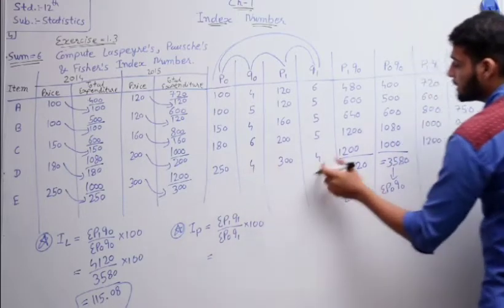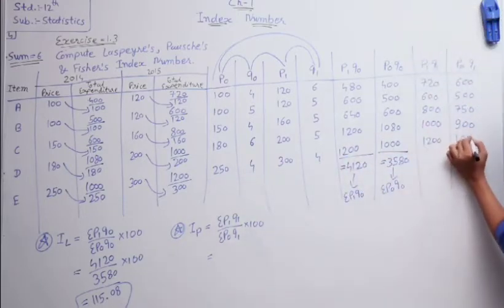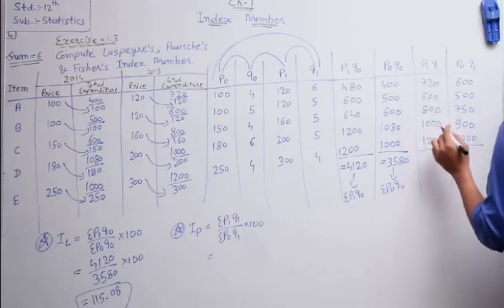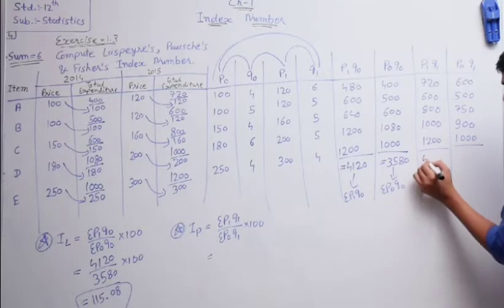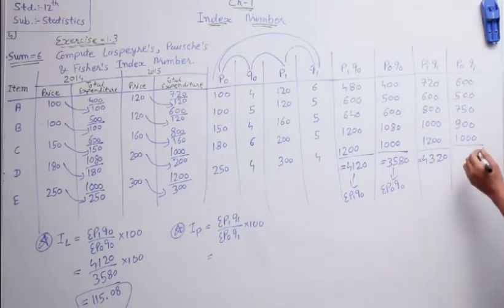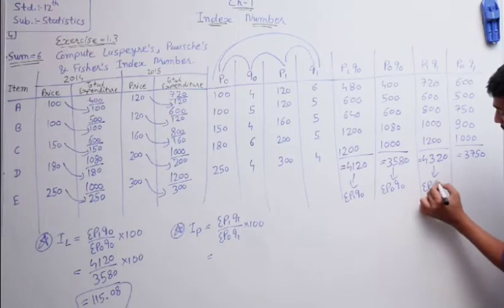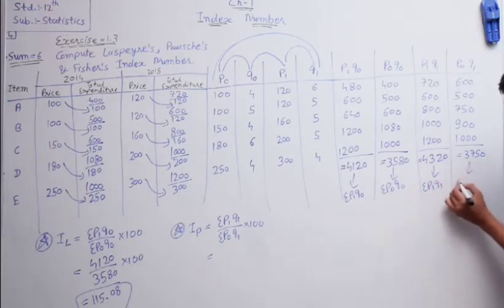And 250 multiplied by 4, so the answer is 1000. So the total of this column is 4320 and the total of this column is 3750. They are denoted by sigma P1 Q1 and sigma P0 Q1.